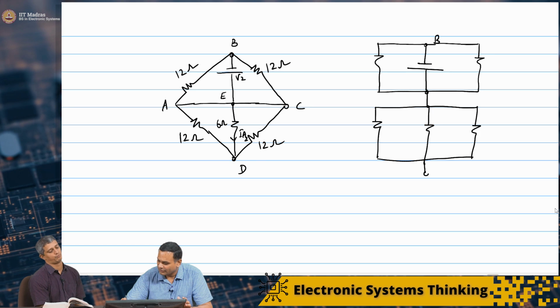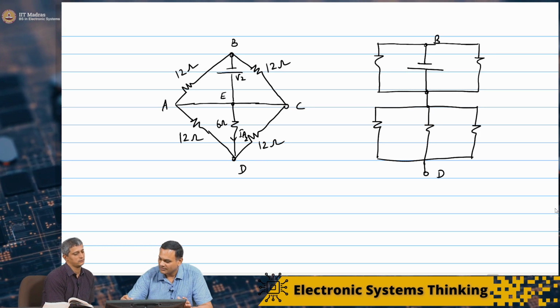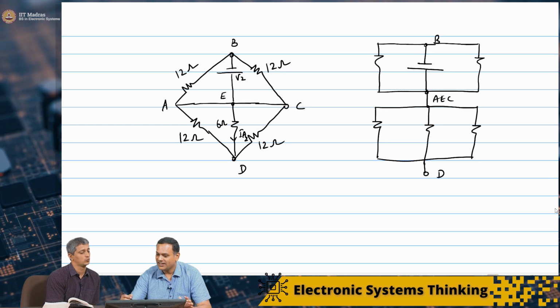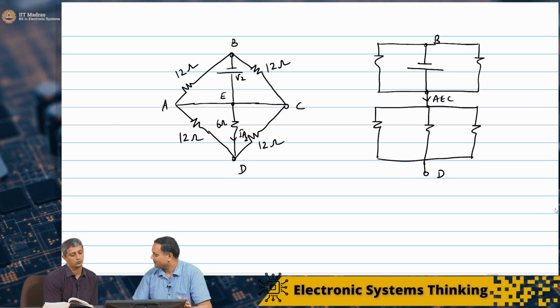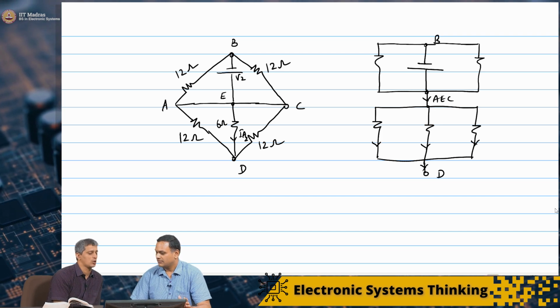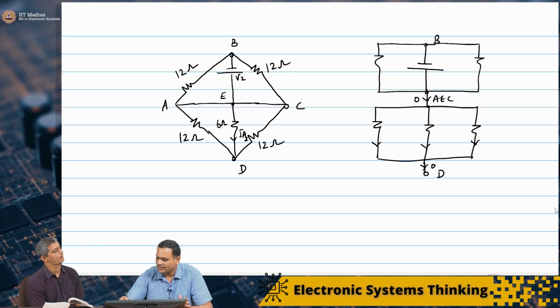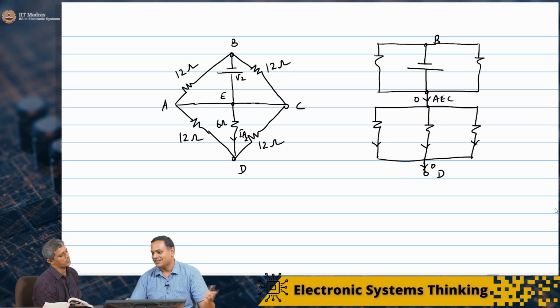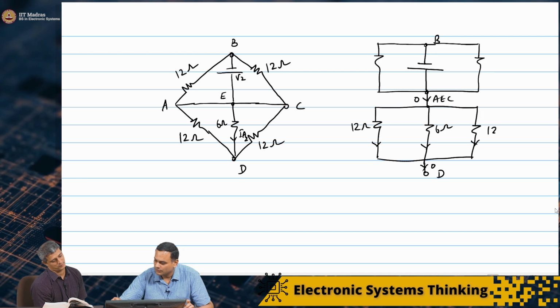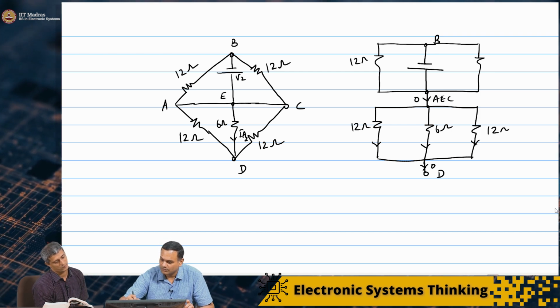This is my composite AEC node, and the current entering splits into 3 arms and leaves. If this current is 0, this current has to be 0. We could have guessed that this was your 6 ohms, 12 ohms, 12 ohms.